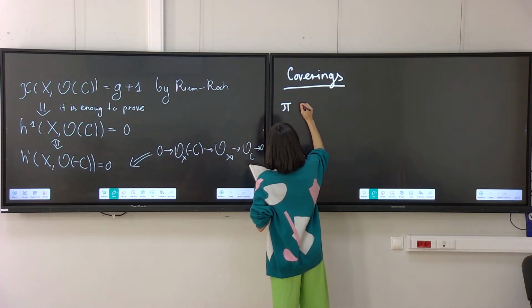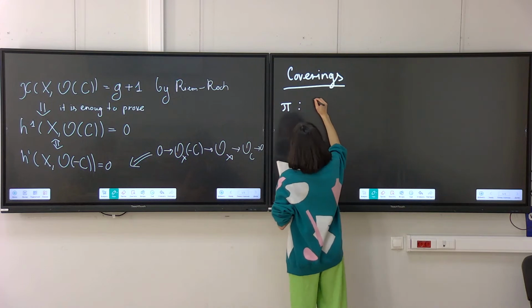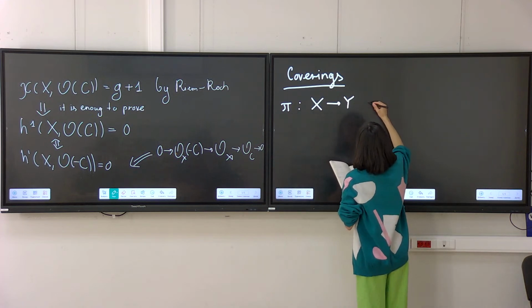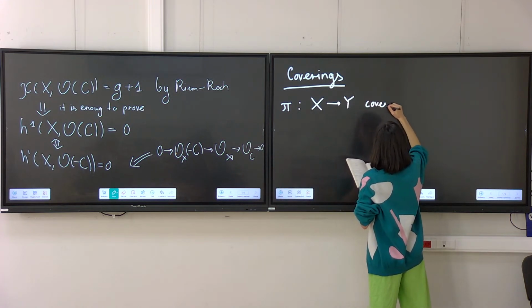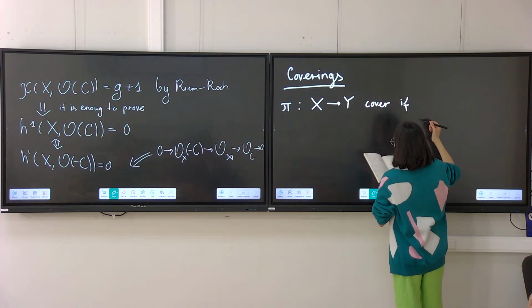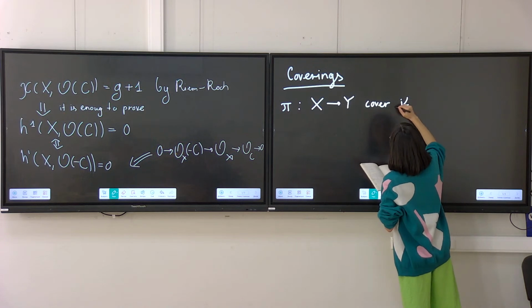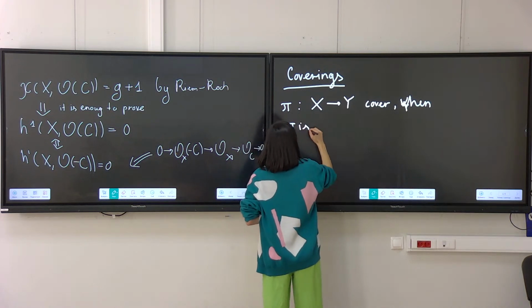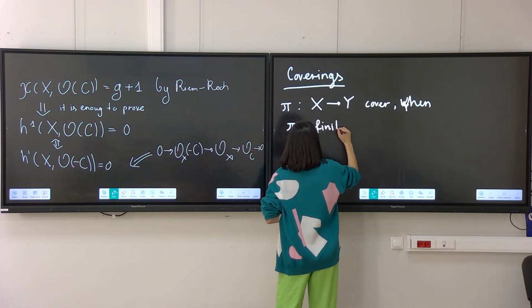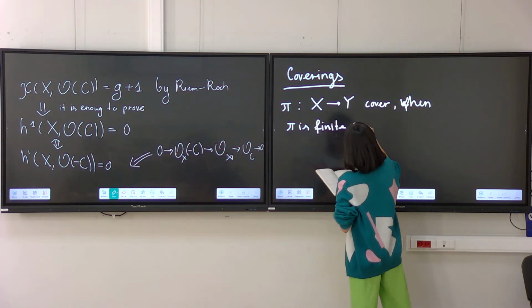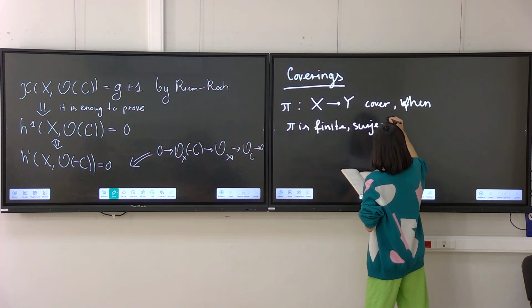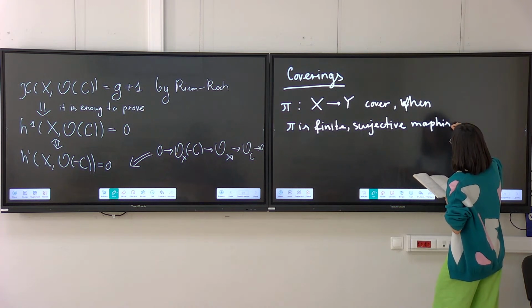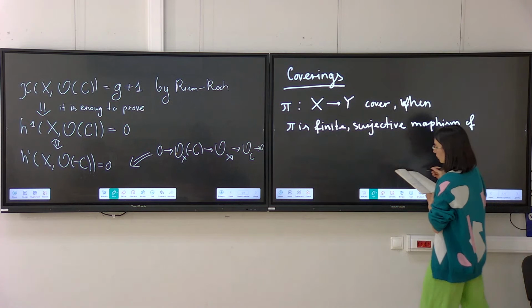In the algebraic world, I would say that X to Y is called a cover when phi is a finite, surjective morphism of normal schemes.